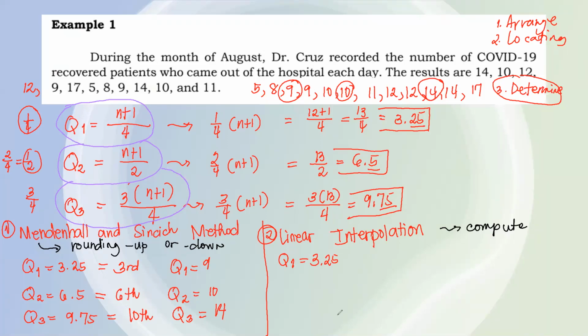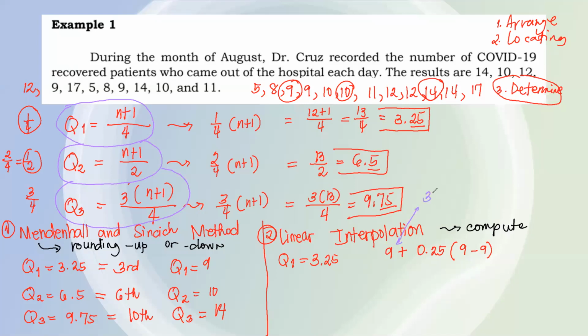Now, ang formula natin dyan is yung pang third data, that is 9, plus 0.25 times the difference of the fourth and the third. Eh kaso parehong 9, hindi natin makikita, no? So ulitin ko, dito ko na lang ilagay.